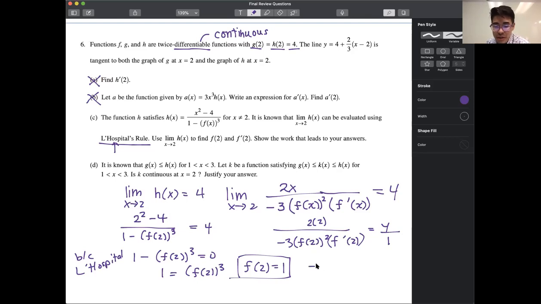So then we get -3 times f of 2 quantity squared times f prime of 2 is equal to 1. We know from our previous step that f of 2 is equal to 1, so we're going to replace that with 1. And if we go ahead and solve this, we get f prime of 2 is just equal to -1/3. And that's the answer for part C.